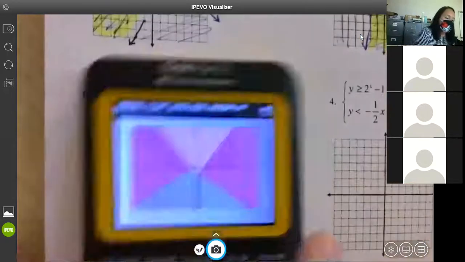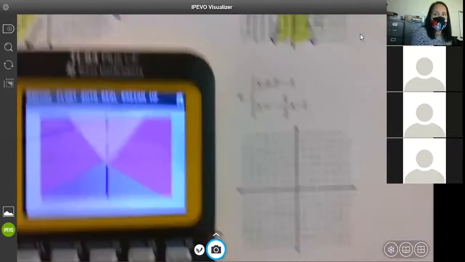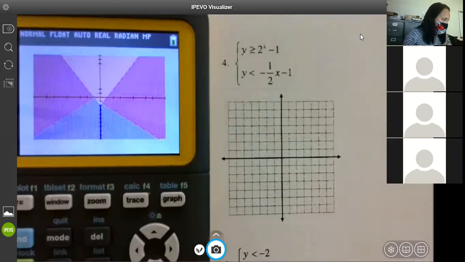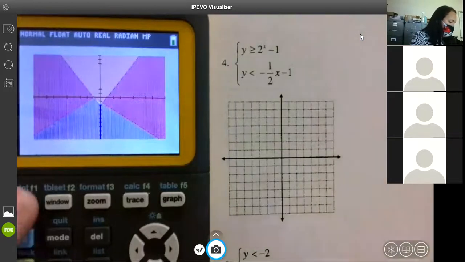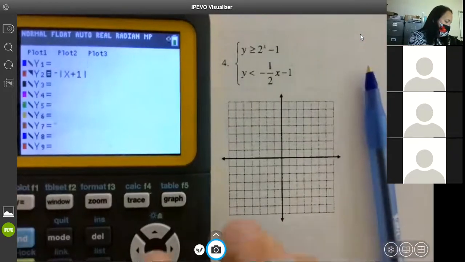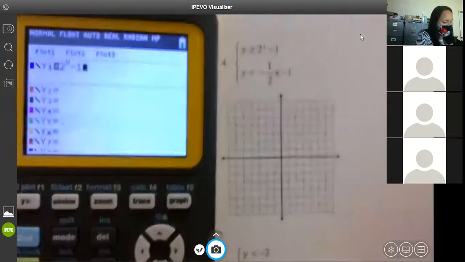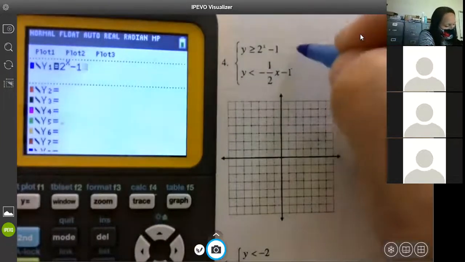All right, look at your next one. What two kind of functions do I have here? Exponential and linear. So our exponential is 2 to the x minus 1. Is it solid or dashed? Solid.